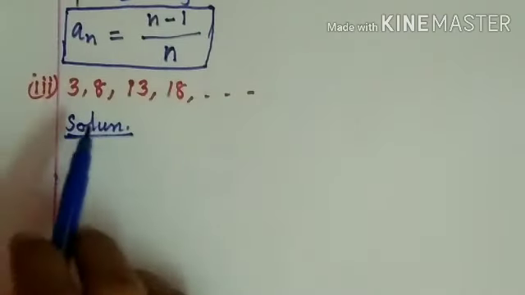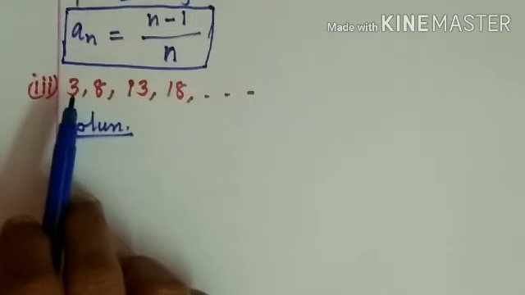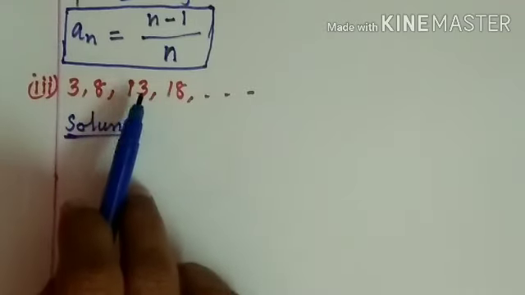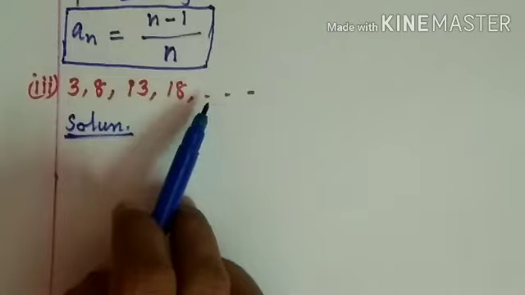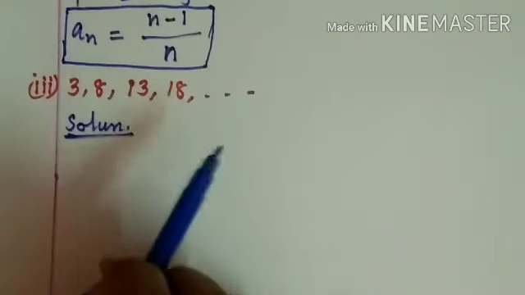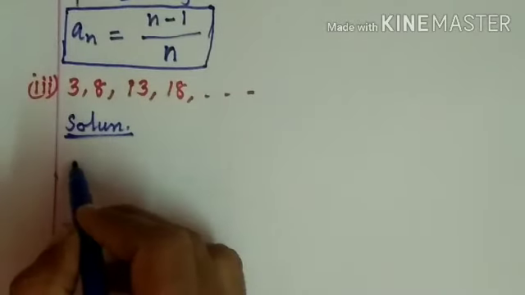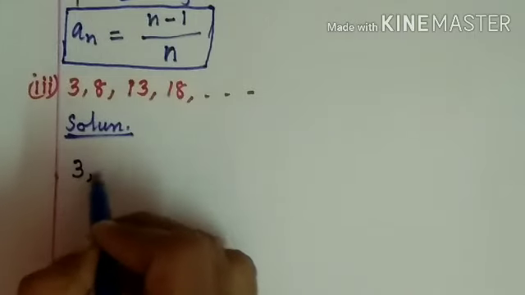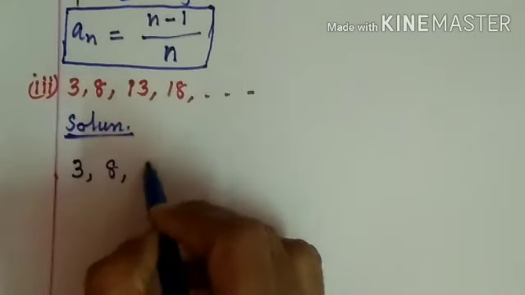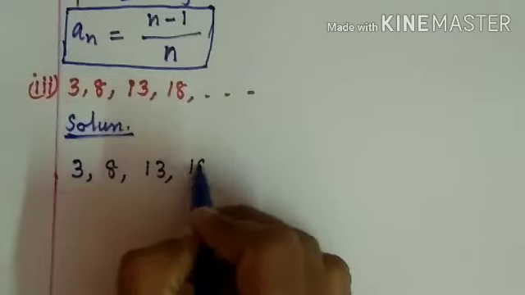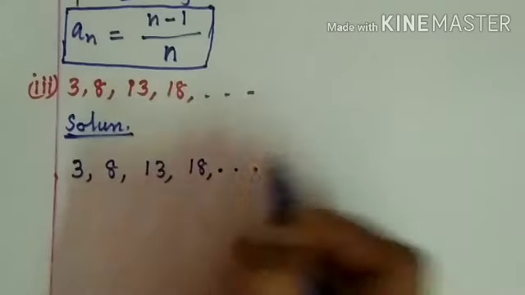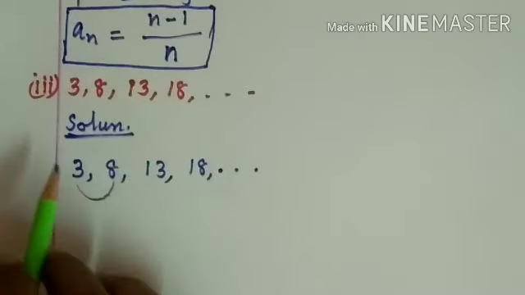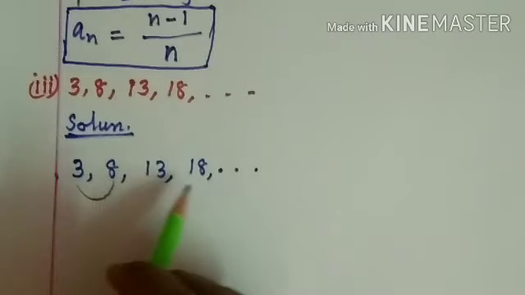Now, we move on to the third subdivision. See the given sequence 3, 8, 13, 18 and so on. In the solution, first you take down and write the given sequence, that is 3, 8, 13, 18 and so on. First you have to observe the given sequence. It is an increasing sequence.